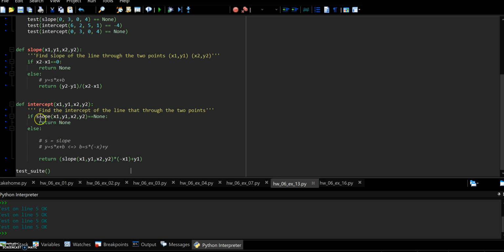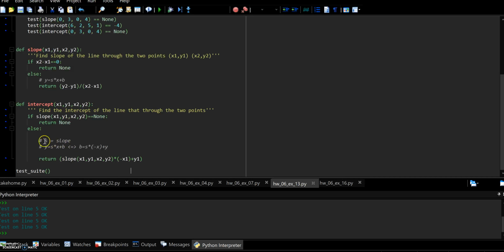So here, if the slope is not defined, this function will return none, because if the line is a vertical line in the xy axis, that line is parallel to the y-axis, so they don't meet at any point, or else this function will return this value, which is derived from the function above it.